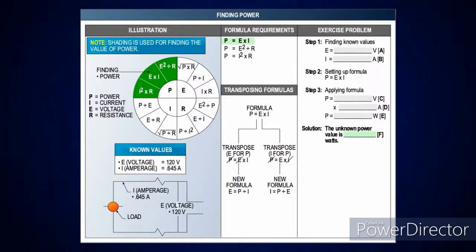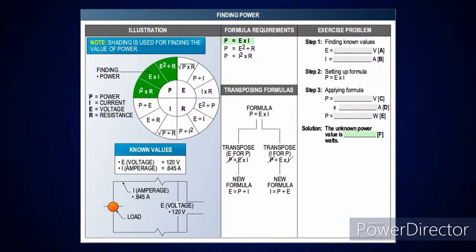Now, when you get over here and you're looking at the power, depending on which one you have, this is what I tell people to remember. Say you've got your amperage and resistance, or you have your voltage and resistance.